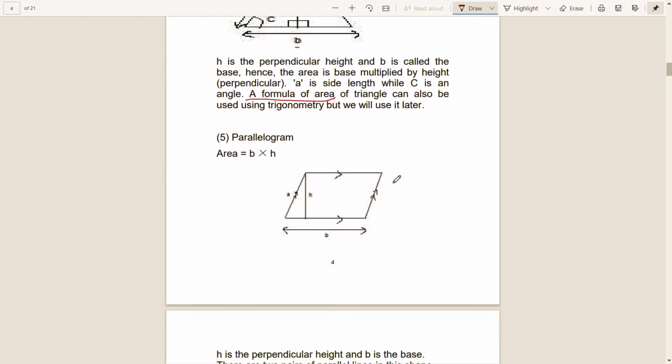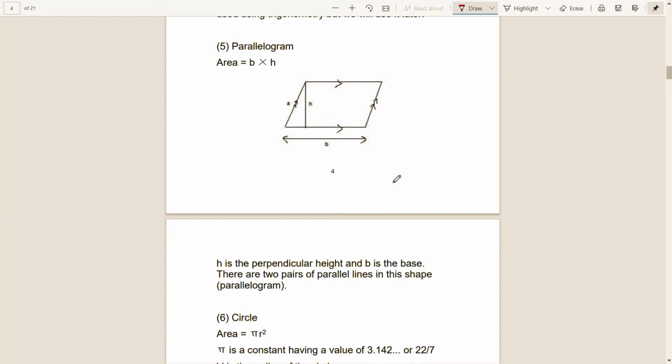The next one is the parallelogram. This shape has a very easy formula for area, which is base into height. This is the shape of the parallelogram, where this is A. If this is A, this is also A. This is B, and this is also B. And this height is the perpendicular height, which forms a 90-degree angle with the length B. H is the perpendicular height and B is the base.